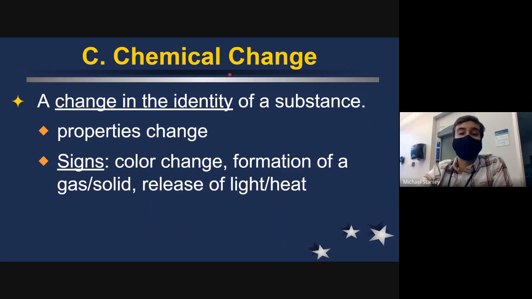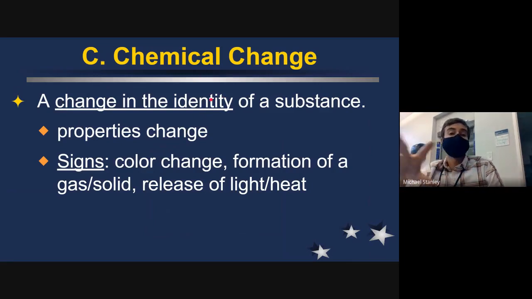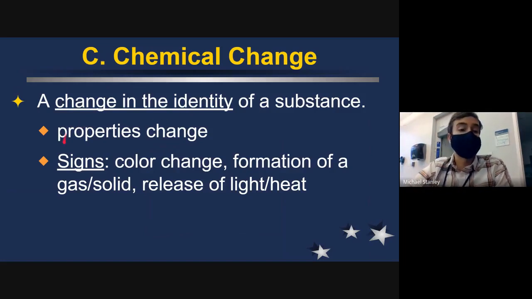So chemical changes are all about creating new chemicals, creating new material, new substances, changing our starting material into something different that we end up with. So the properties of our material do change, right? We get new material, it's going to have new properties, different properties than our starting material.